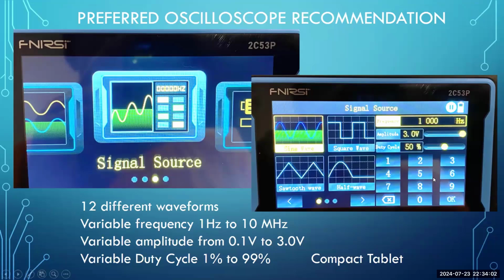So here, what's nice and unique about this particular signal generator as opposed to the larger white colored one I showed you as an alternative recommendation is that this amplitude is variable. You can adjust this. That larger white colored oscilloscope with all the buttons, which was the alternative recommendation, does not have this amplitude adjustable.